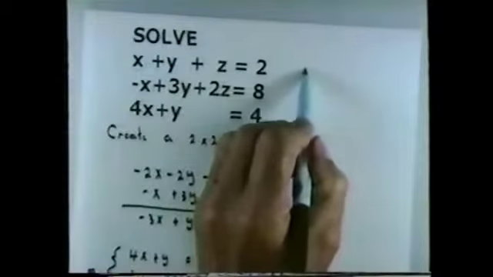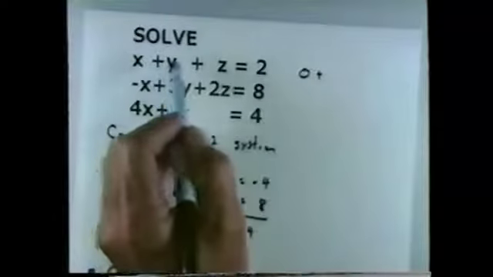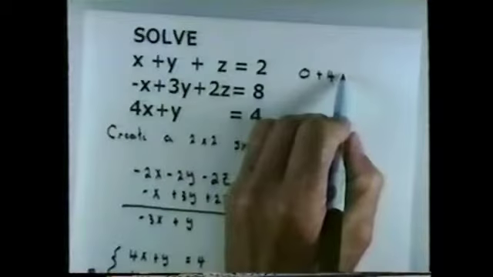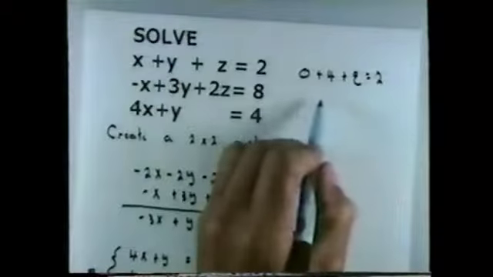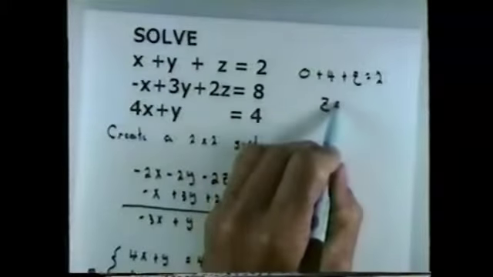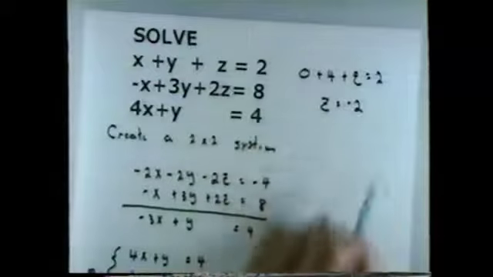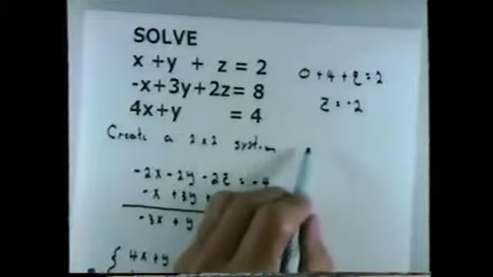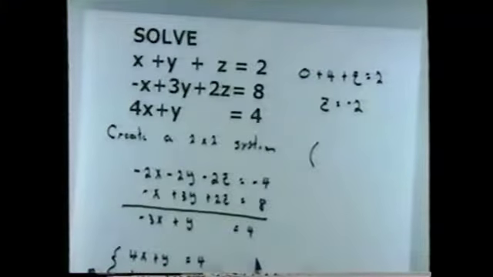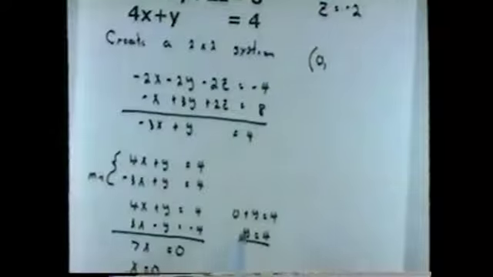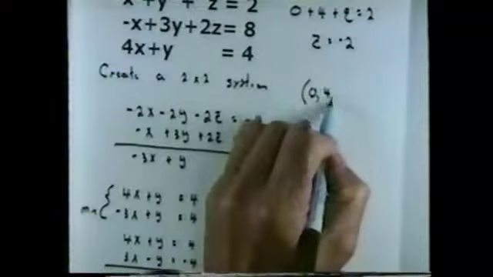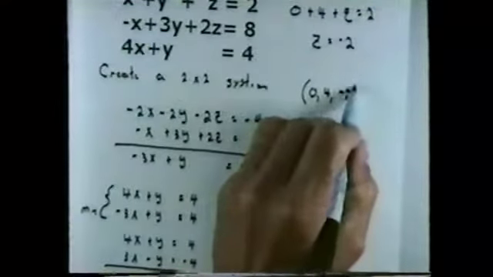So we know x is 0, y is 4, which gives me then that z is -2. So I have an ordered triple in the answer. x is 0, y is 4, z is -2.